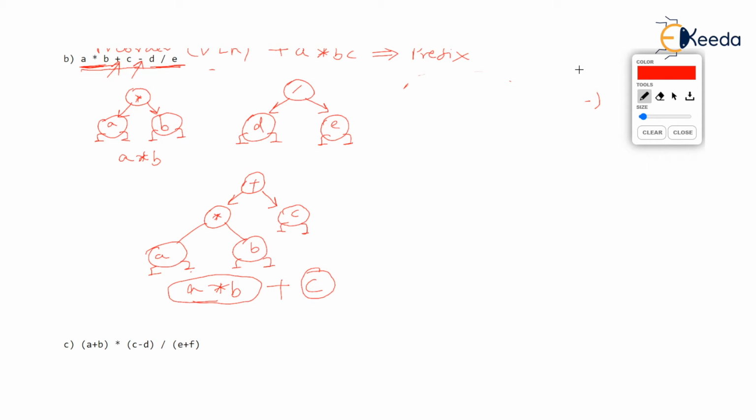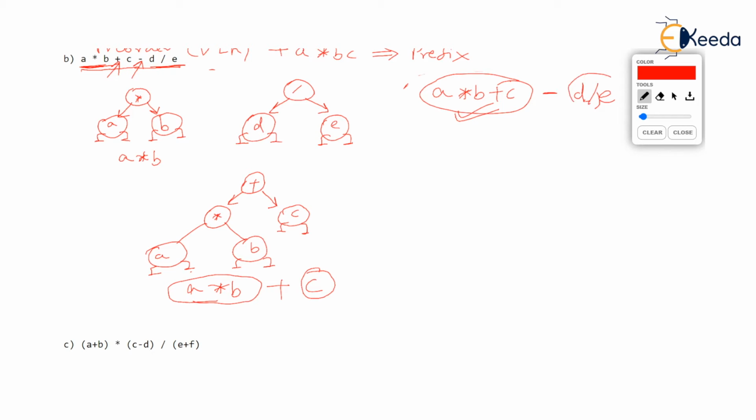So now we have got A into B plus C. Check this. A into B plus C has been done in the form of expression tree, and what is pending is minus D upon E.